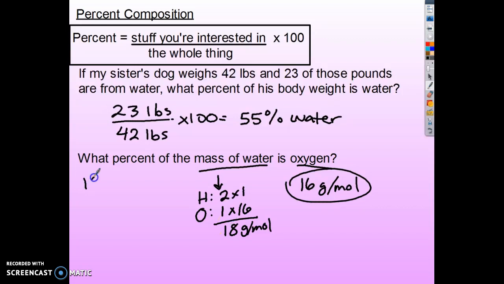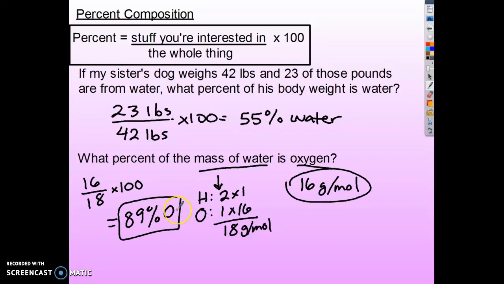So that would be 16 divided by 18 times 100, and it should be pretty close to 1. I've got 89%. 89% oxygen. That's an O. So 89% of the mass of water is oxygen.